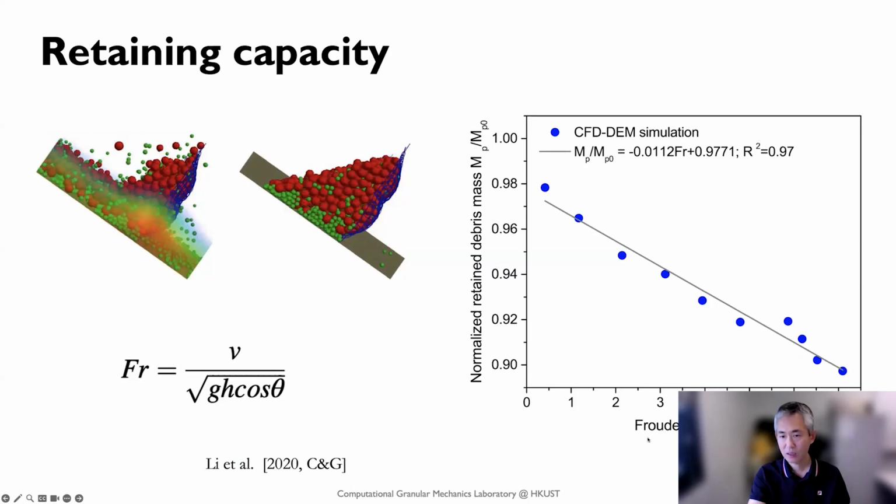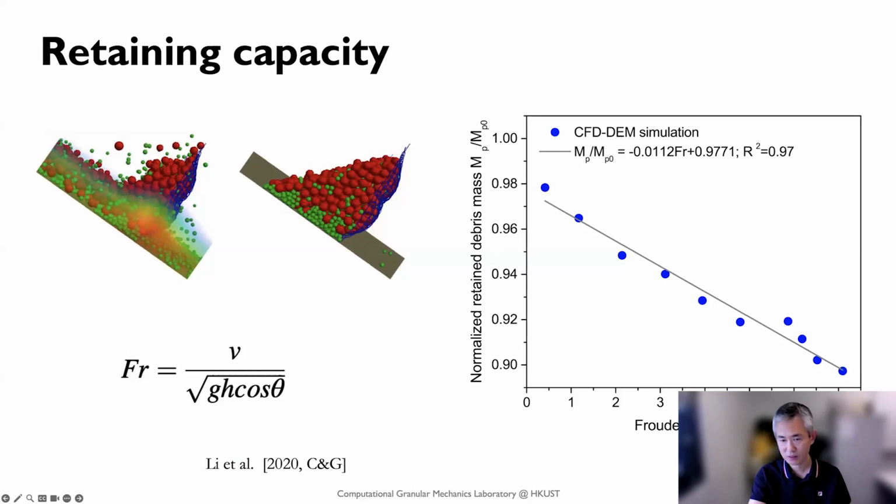Of course, we can further quantitatively analyze how different incoming flow features, like the Froude number, which is the ratio between the incoming flow velocity and some geometric properties of the slope, affect the retained debris flow mass and proportion relative to the incoming flow.